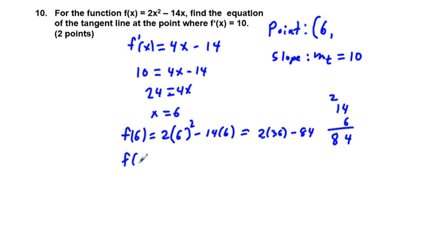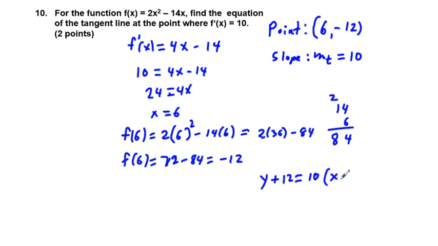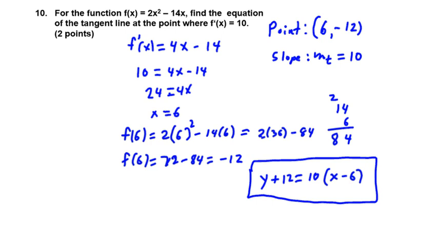So f of 6 equals 72 minus 84, which equals -12. So our point is 6 comma -12, and therefore our equation is y minus -12, which is y plus 12, equals 10 times x minus 6. We box this in as our correct answer, once again in point-slope form.